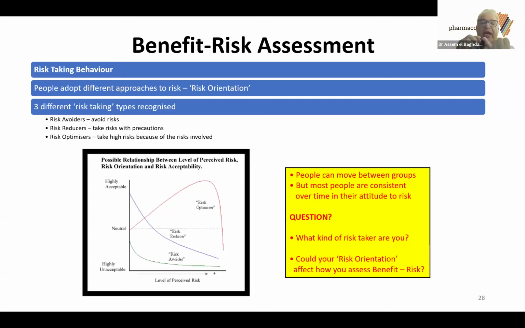How can this happen? You have a product which has the same mode of action. Okay, we agree on that. So you can assess its mode of action and its risk and so on. But it's in different indications. One indication is acute and the other is chronic. Different population: one population is young, another is old, right? Each one has a different category and a different way of assessing and accepting the risk.